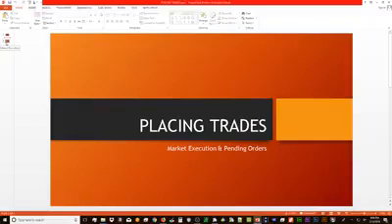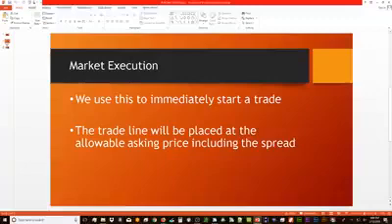Market execution. We use this type of trade to immediately start a trade. And when we do this, the trade line will be placed at the allowable asking price, which includes the spread. Again, some of you guys were having issues with setting your stop losses and your take profits.